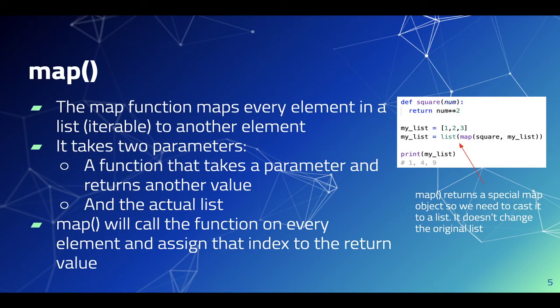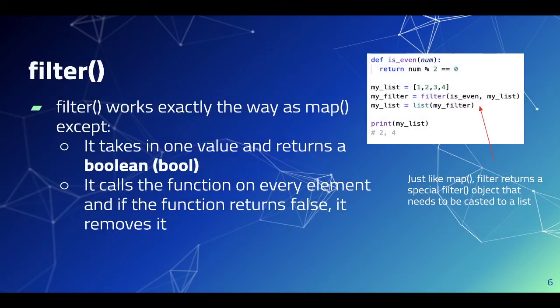My list is 1, 2, 3, and my list after the map is still 1, 2, 3, because map is just performing an operation on existing data. What filter does, as the name suggests, is filter through the iterable to get the important values we want. In this case, we want just the even numbers. So we take in my list and is_even, and filter applies the function to every element.